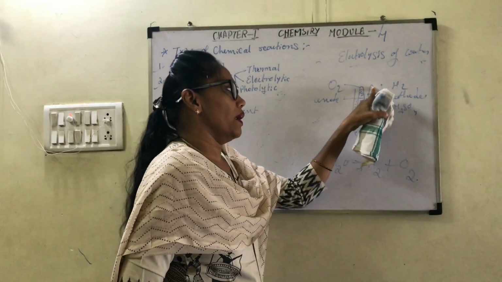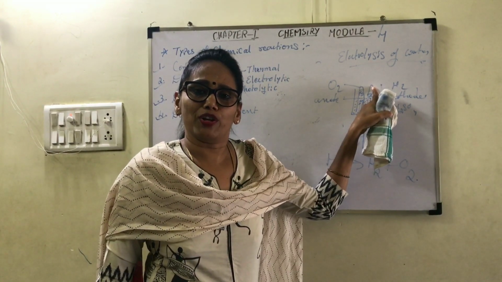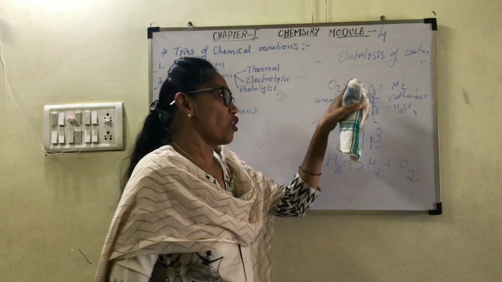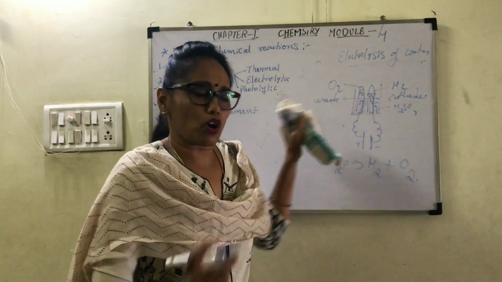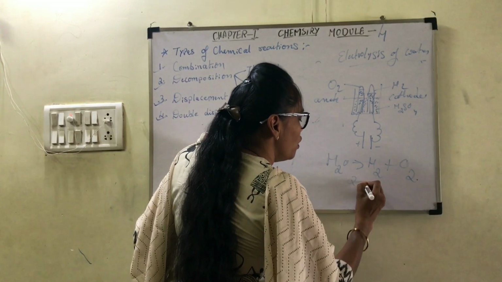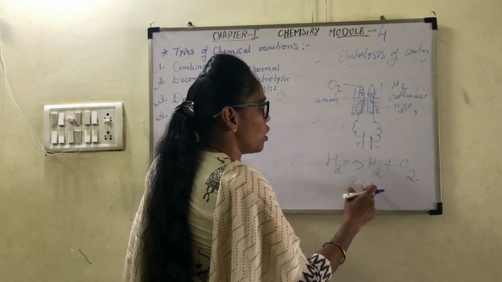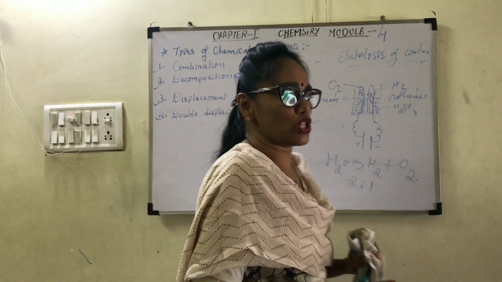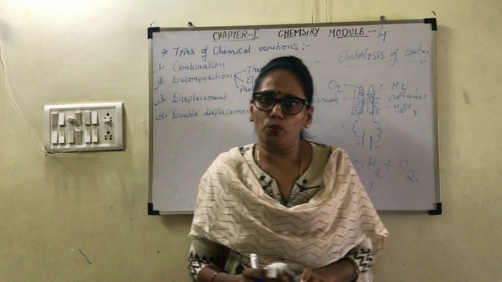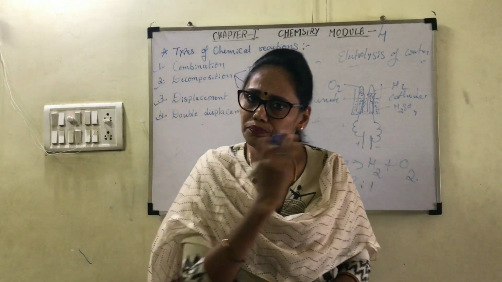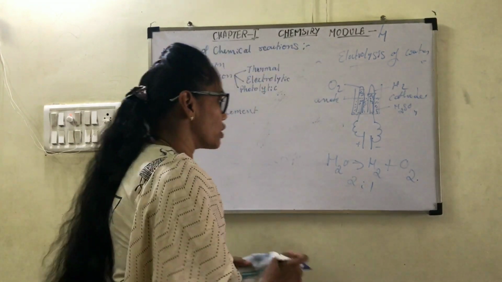Now when you compare, the volume of hydrogen is exactly double that of oxygen. Why? Because water is combining in the ratio of 2:1, 2 hydrogen and 1 oxygen. So the gas collected also will be in double the volume. Hydrogen is double the volume of oxygen.